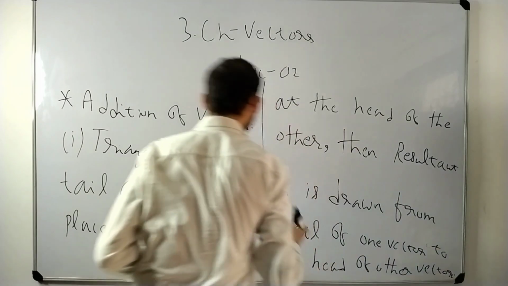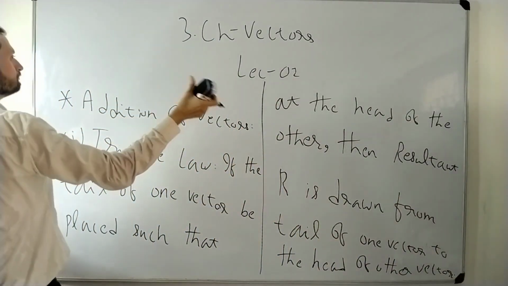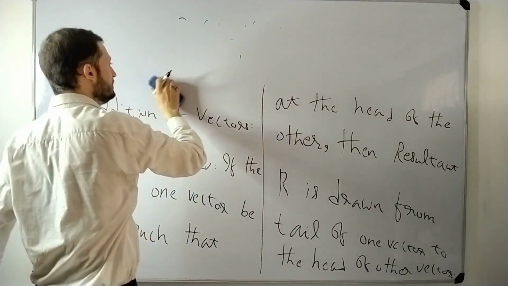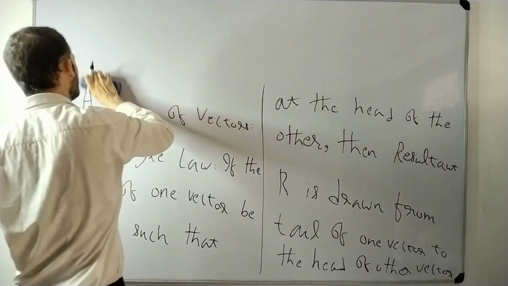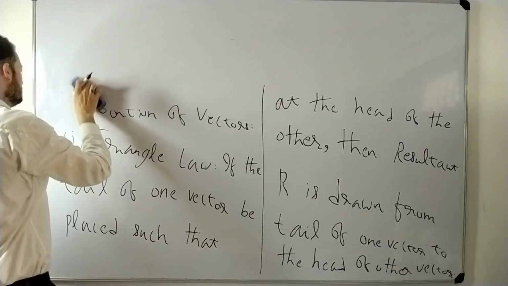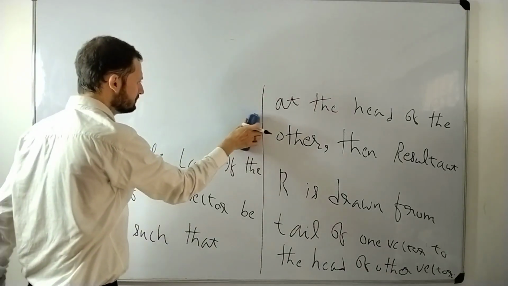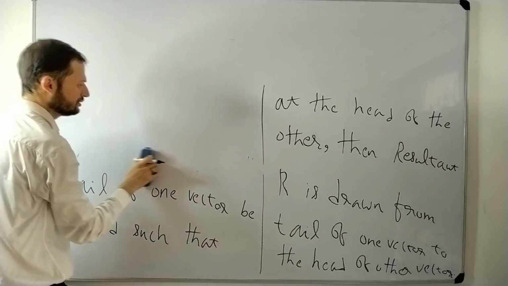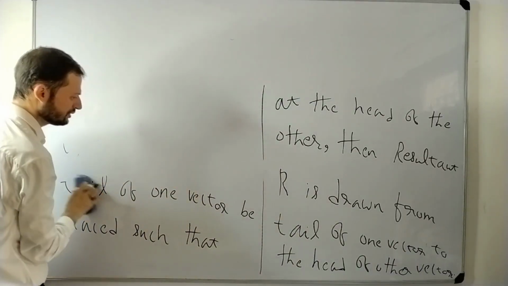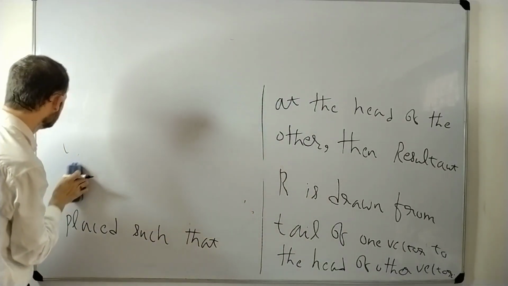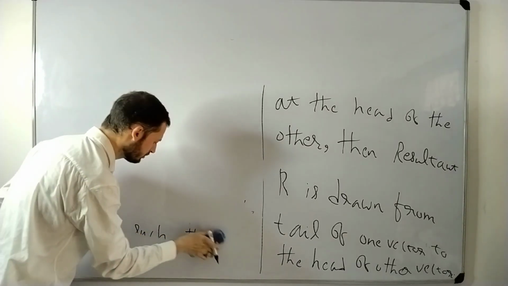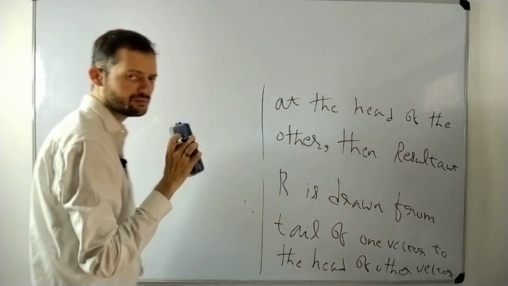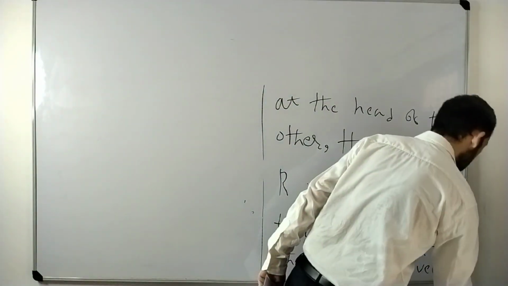Let me show you what I mean mathematically. So this is the statement. A statement is not very clear in itself. If you could actually show us a diagram, what you mean by this statement, then we would be able to understand what you are saying.